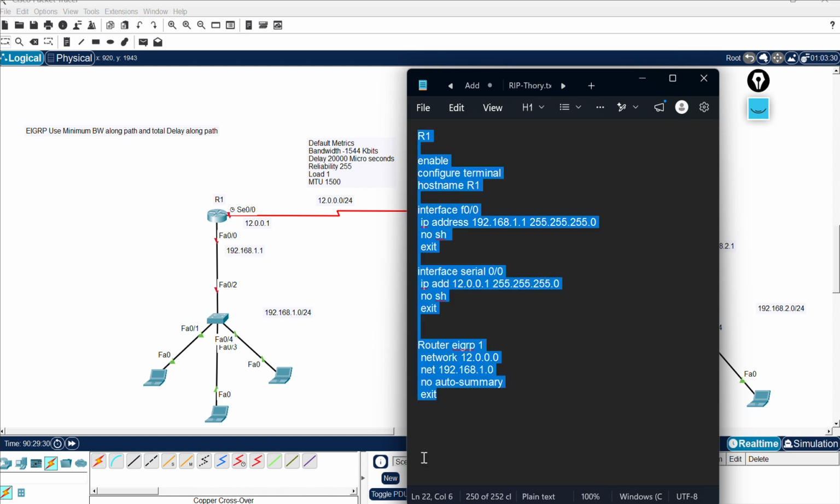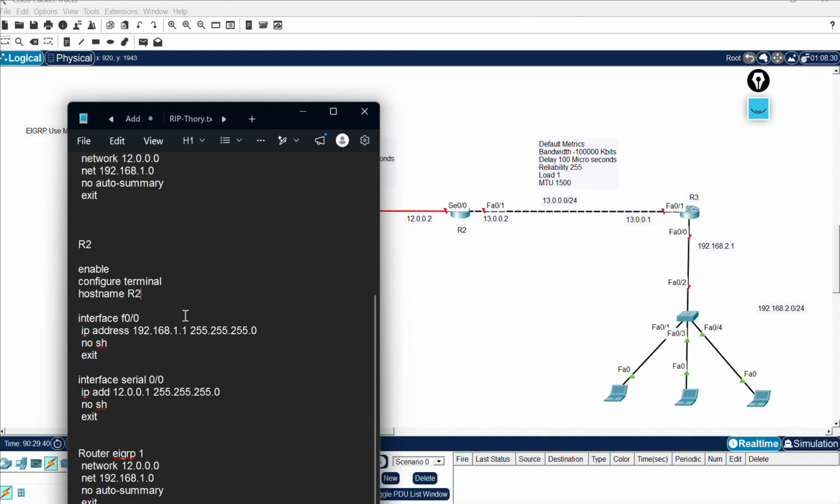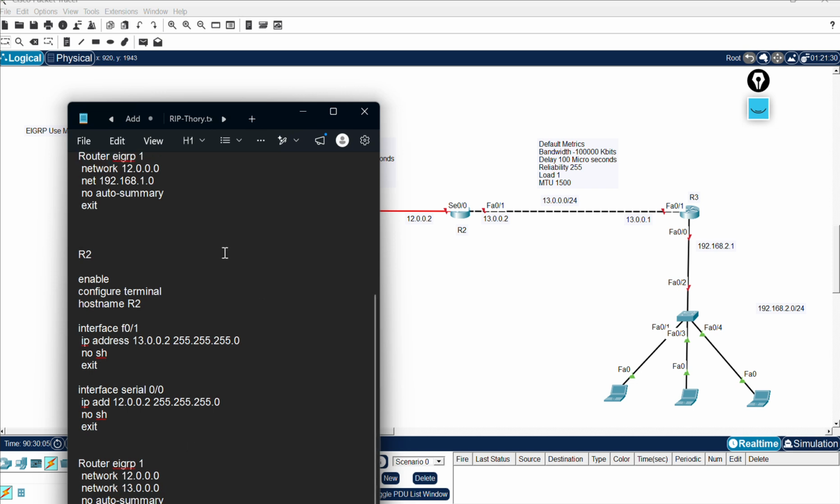Now R2. Hostname is R2, serial 0/0, IP address 12.0.0.2, and Fast Ethernet 0/1, IP address 13.0.0.2, and here network 13.0.0.0. And next R3.